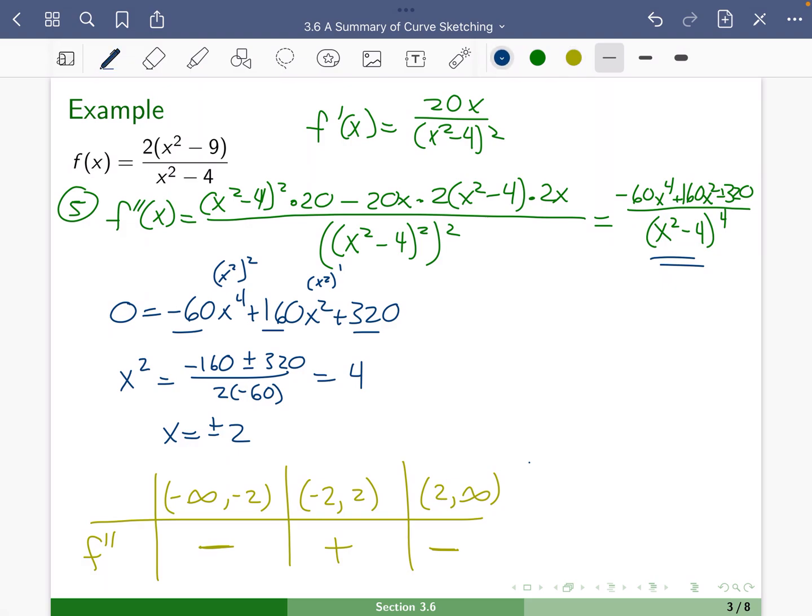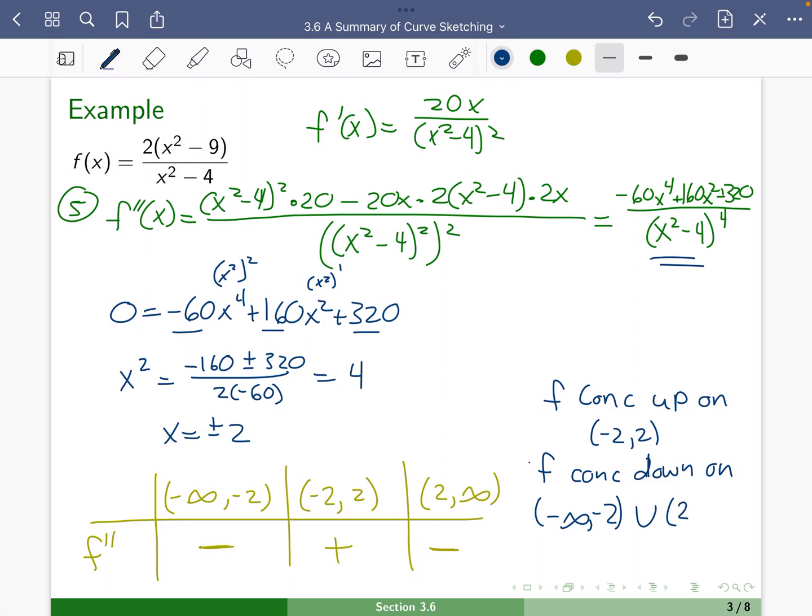So what does that tell us? Well, it tells us that f is concave up on negative 2 to 2. f is concave down on negative infinity to negative 2, along with 2 to infinity.